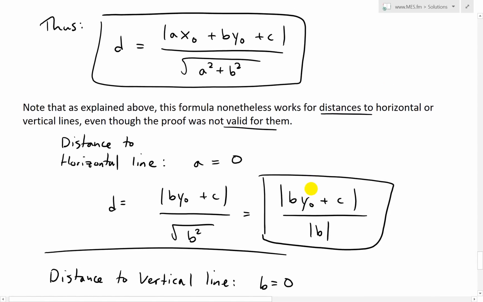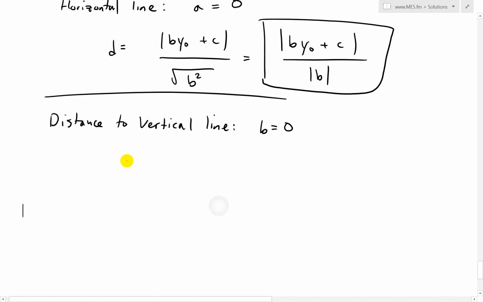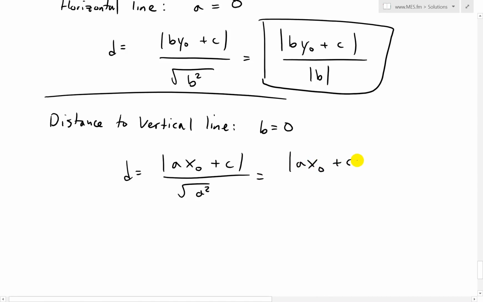So this term goes away, and then the b goes away, so what we're left with is d is equal to the absolute value of a x0 plus c over the square root of a squared. Likewise, this is equal to the absolute value of a x0 plus c over the absolute value of a, like that. The squares cancel, and there is what we have.